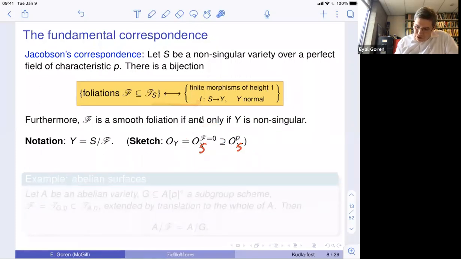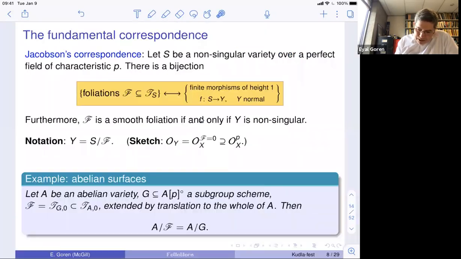Just to give a hint how this goes, here's an example that we all know, but reinterpreted in this language of foliations. Let A be an abelian variety in characteristic P, and let G be a group scheme which is contained in the connected component of the P-torsion of the abelian variety. So it's a local group scheme.